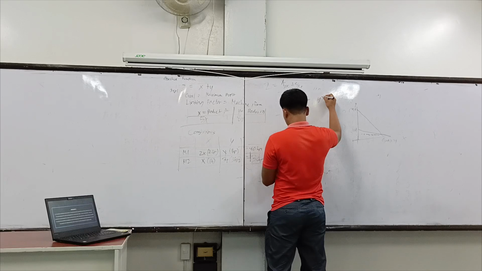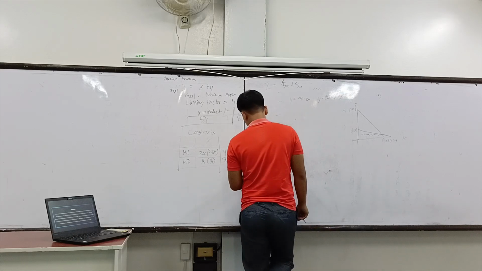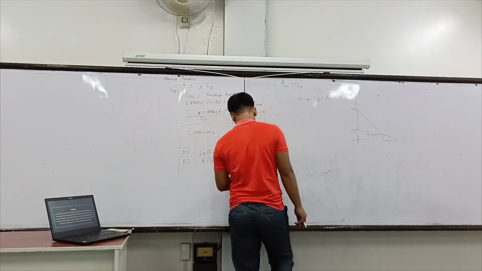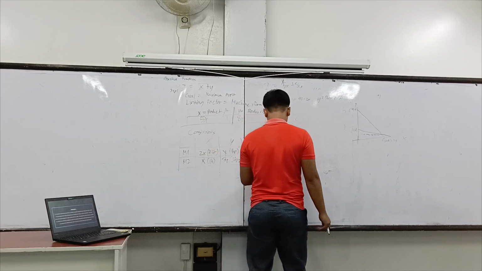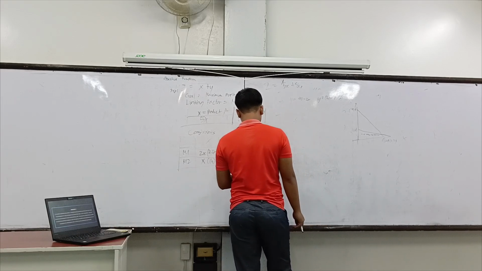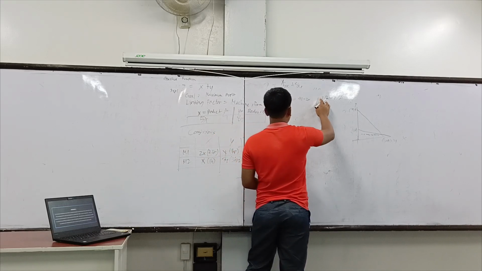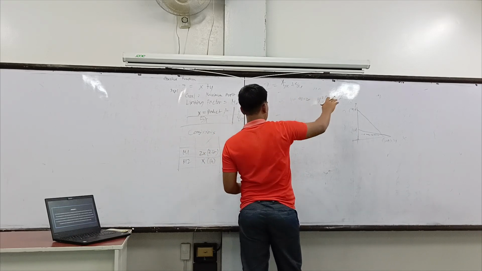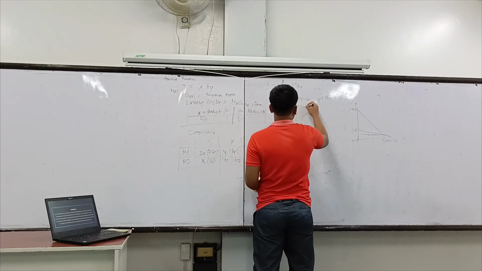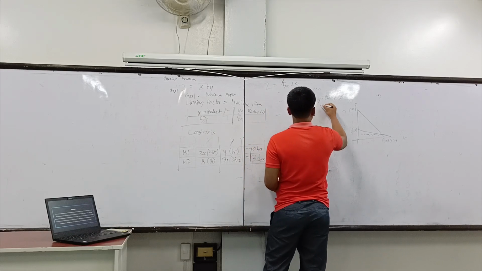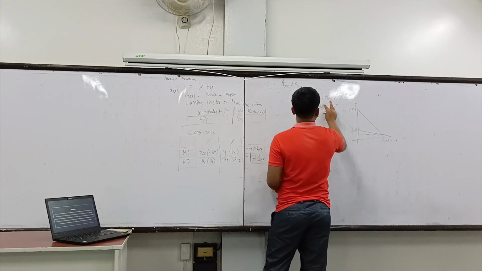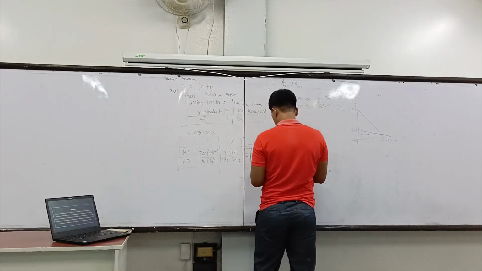y equals 40 minus 2x, which is doon sa equation 1 natin, and y equals (30 minus x) divided by 3. Now, we're gonna substitute the value of y: 40 minus 2x equals (30 minus x) divided by 3.